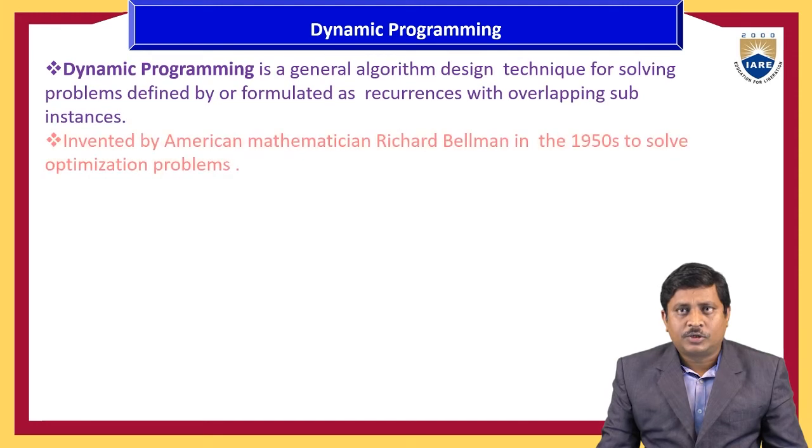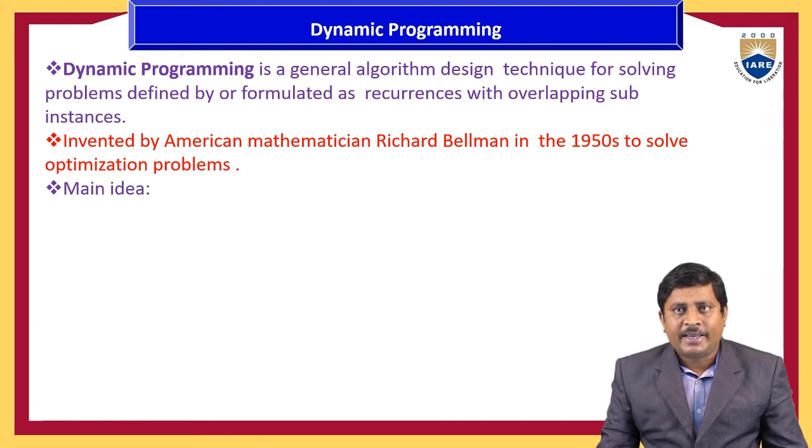Now we come to dynamic programming. In this slide, mainly we're discussing what is meant by dynamic programming. Dynamic programming is a general algorithm design technique for solving problems defined by or formulated as recurrences with overlapping sub-instances.